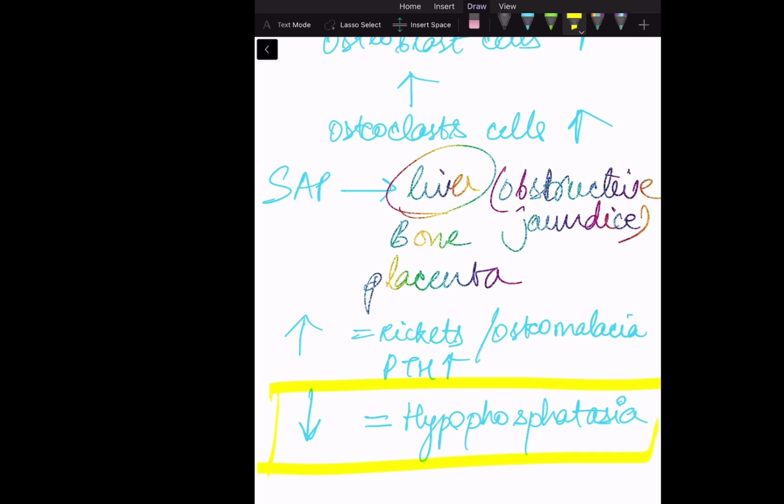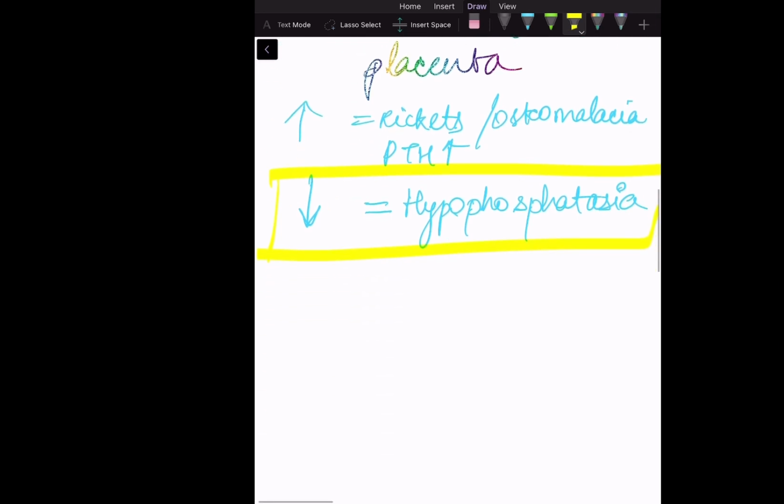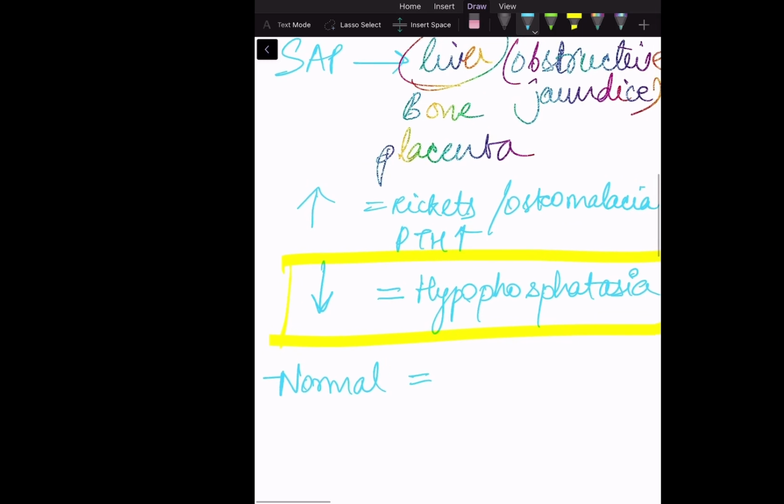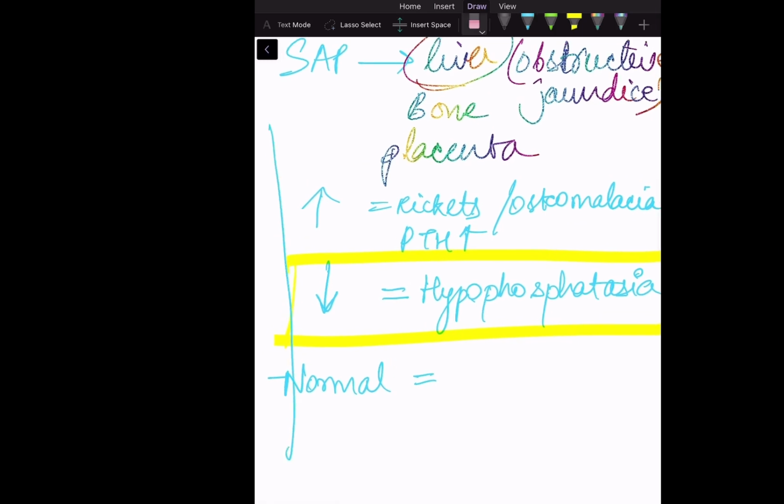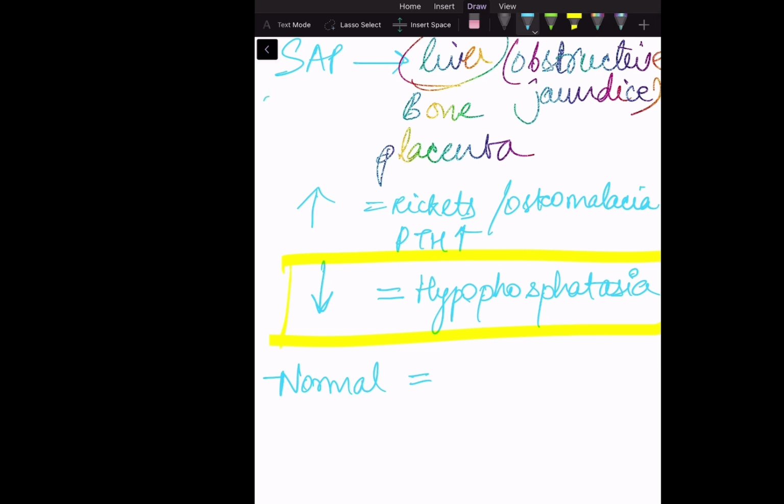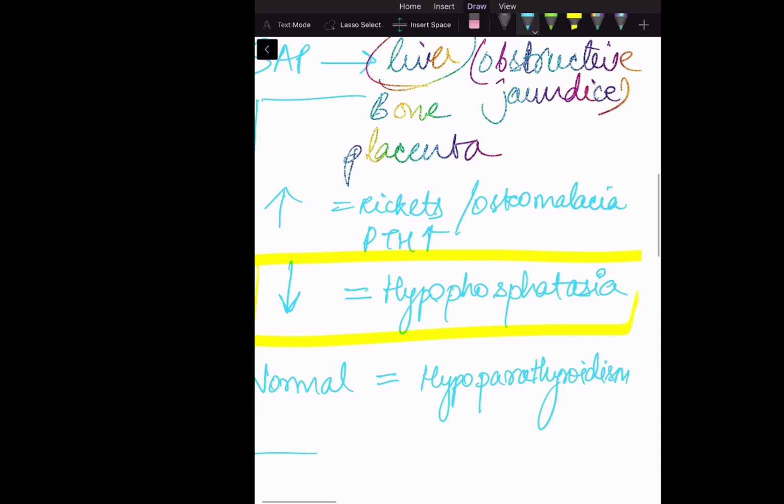And if SAP is normal, then it is hypoparathyroidism. So always remember, when it's normal, it is hypoparathyroidism. When it's decreased, it is hypophosphatasia.